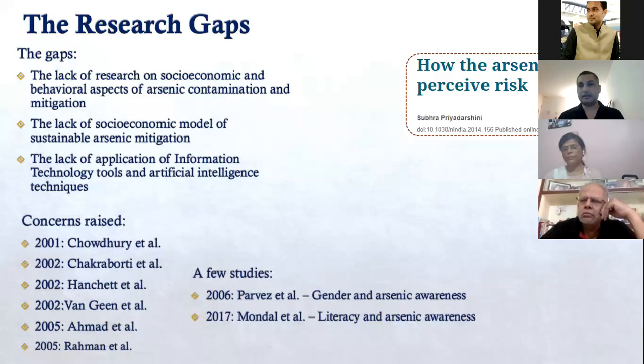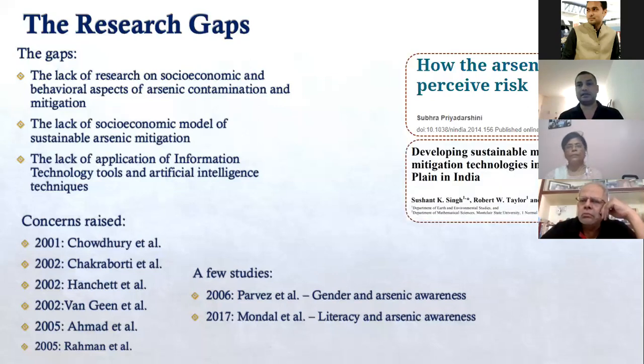After that, I developed the first ever socioeconomic model of sustainable arsenic mitigation, and that work was published in Current Science. This work was totally based on logistic regression, a pure statistical model. As I mentioned, there was no dedicated work on arsenic awareness, and no model that says these are the important factors that could lead to people's awareness.